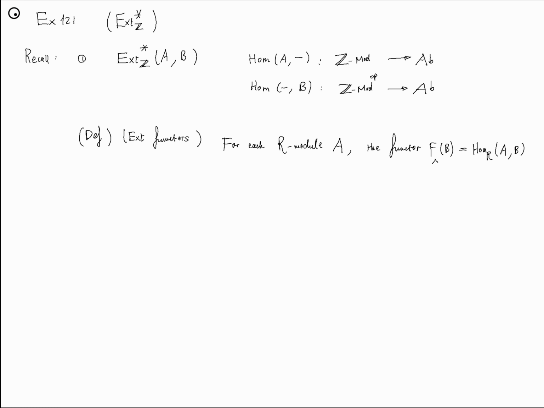In other words, this F corresponds to this functor, right? Is left exact. So right derived functors are called Ext groups.